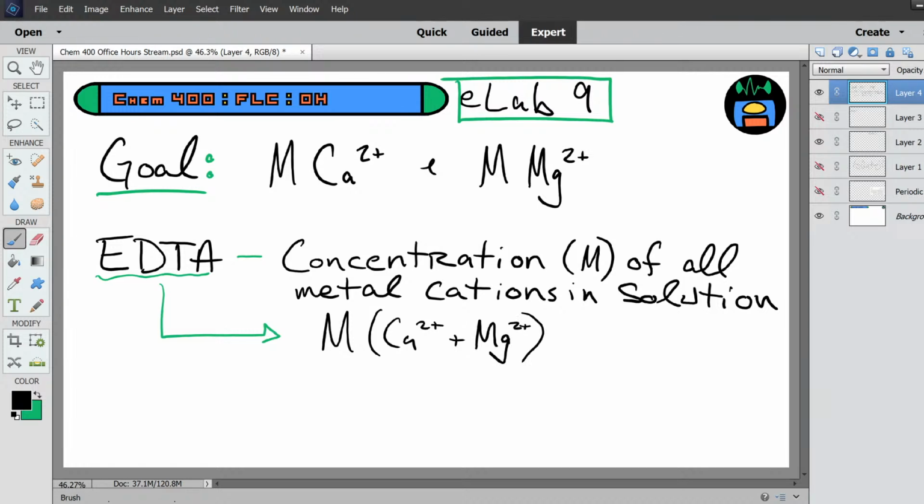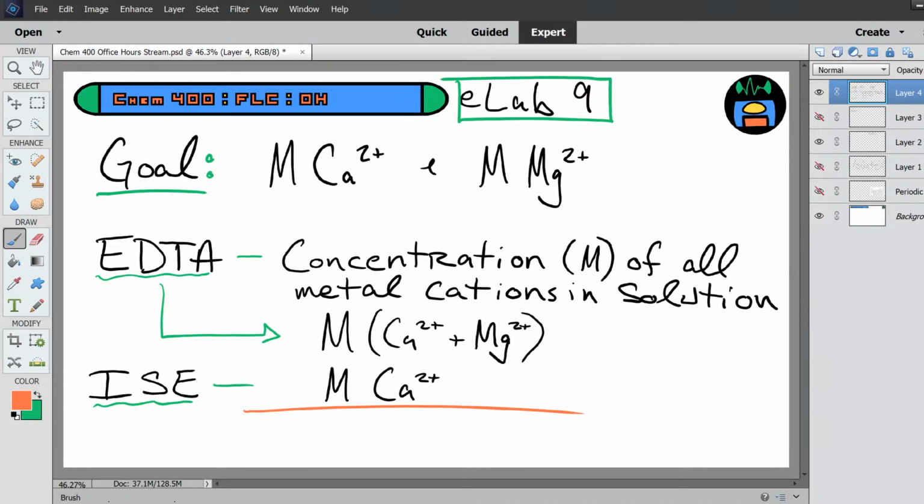All right, the ISE reading allows us to calculate just the molarity of calcium. So the ISE reading gives us the concentration of just calcium. And if we subtract the molarity from the ISE reading from the molarity we get from EDTA, the concentration of all ions in solution, we get the molarity of magnesium.